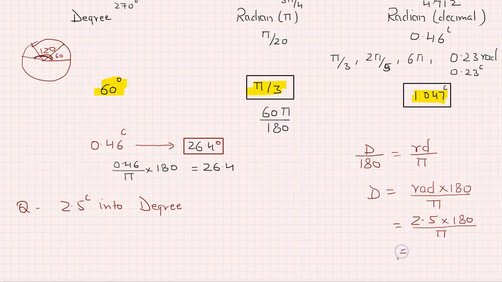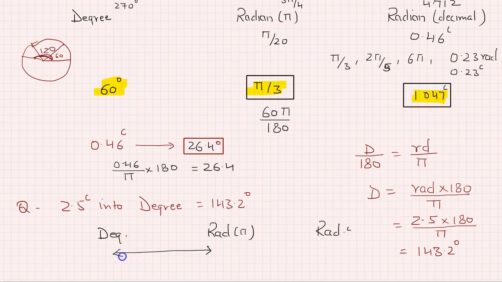That is equal to 143.24, so 143.2 degree. So you can see that we have degree, we have radian in terms of pi, and we have radian in terms of decimal numbers. So it's very easy to convert between them.